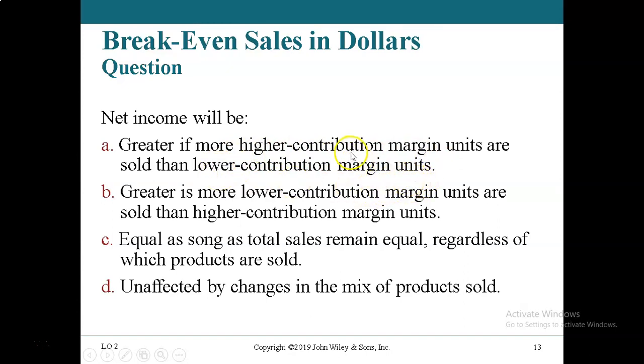So high contribution margin means that it's very profitable, right? Every unit that you sell contributes more to your bottom line. So you would have more net income if you sell more high profit products than you would if you sold more low profit products. So here the answer would be A.